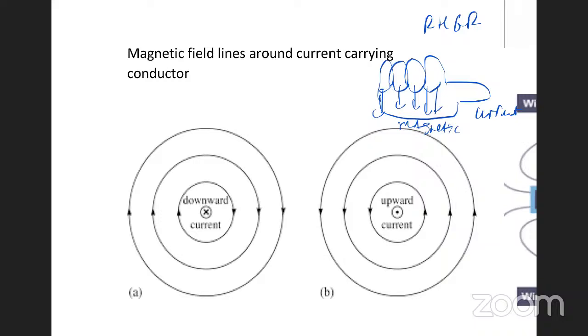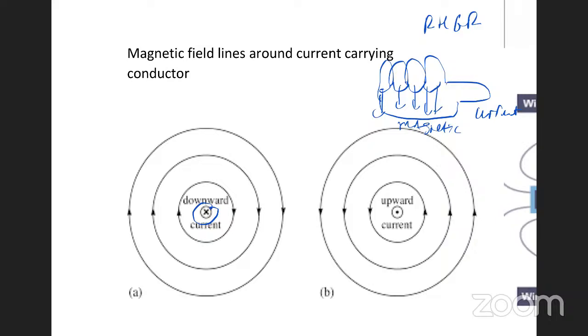For example, let's take a look at the X. X means current going in. Point your thumb into your paper, and your fingers will point in a clockwise direction. So the magnetic field is clockwise around current going in.